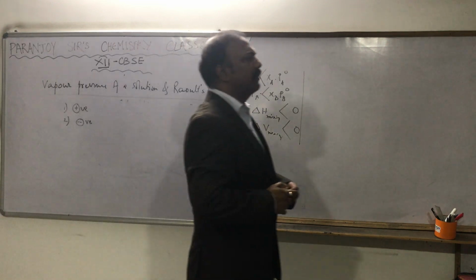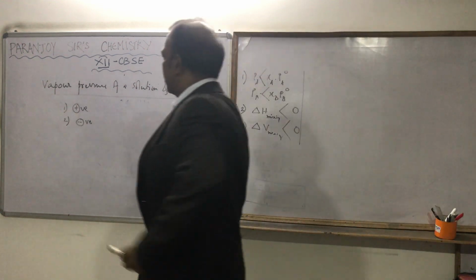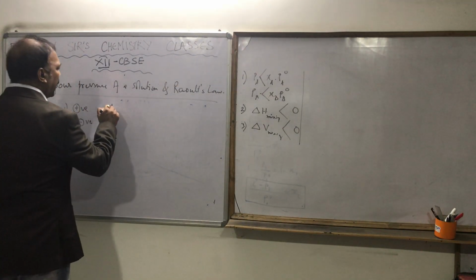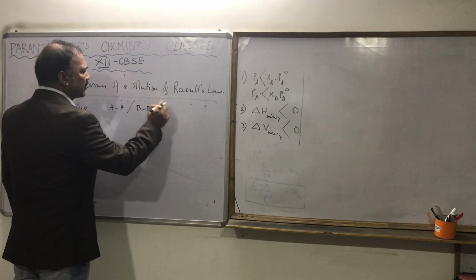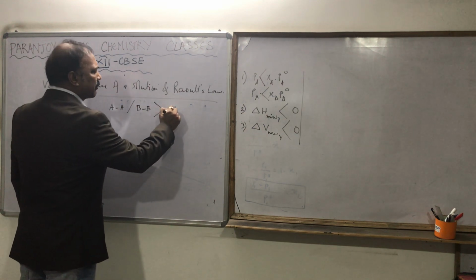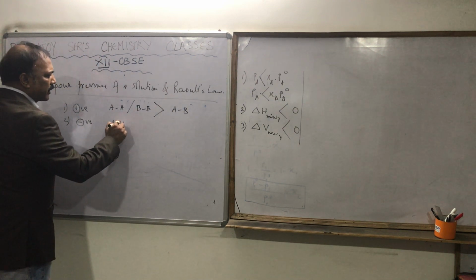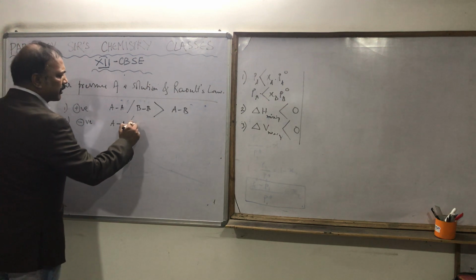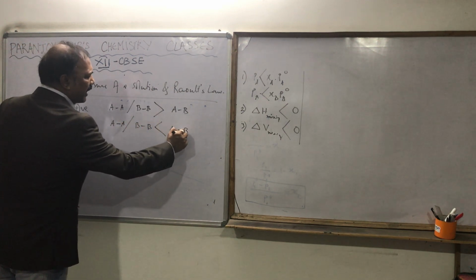For the positive deviation, the interaction between AA and the interaction between BB is higher than the interaction between AB. For the negative deviation, the interaction between AA and BB is less than the interaction between AB.